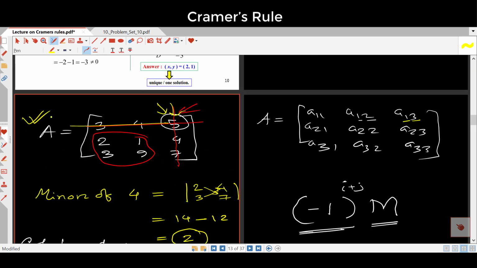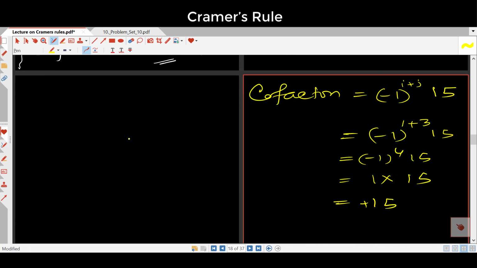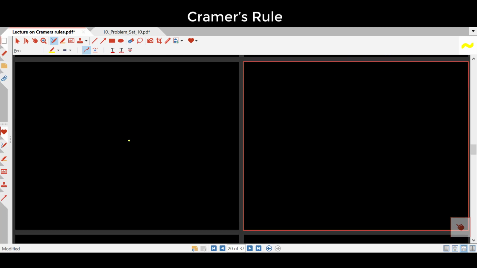So we have seen here how to find the minor or cofactor of any entry of a 3 by 3 matrix. Let us think about the minor and cofactor of, let's say, a 2 by 2 matrix. Let's say we have 1, 3, 4, 7.